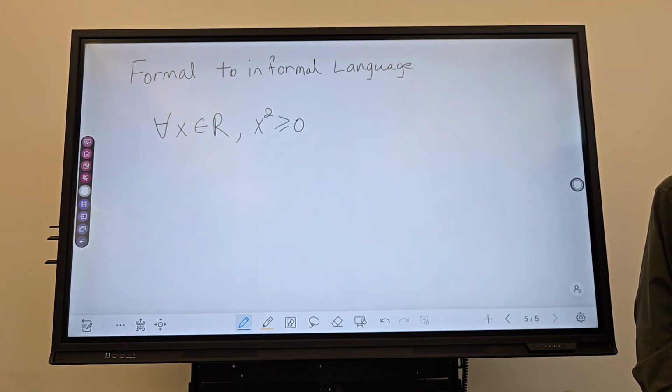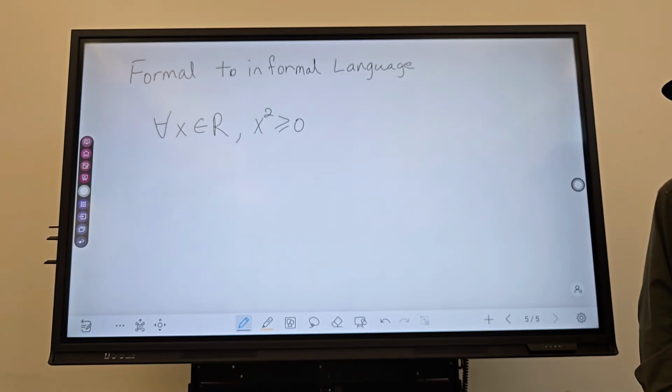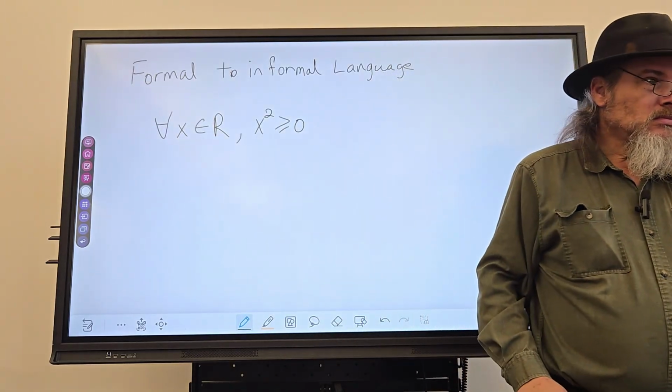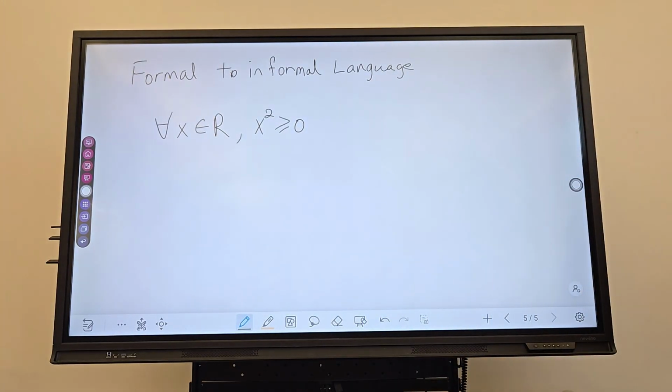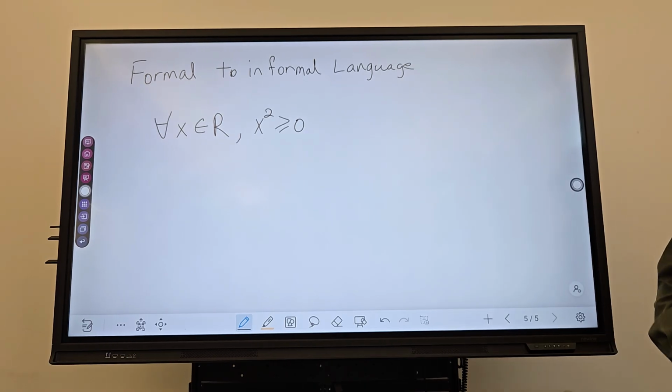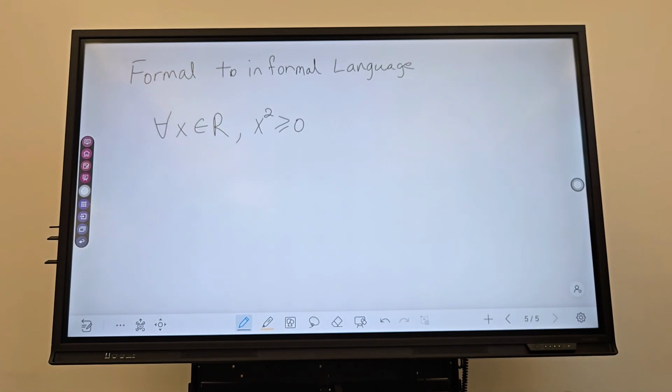For all, there is a real number. No, that's the universal quantifier, not the existential. For all real numbers, x is greater than or equal to 0. Sounds good.